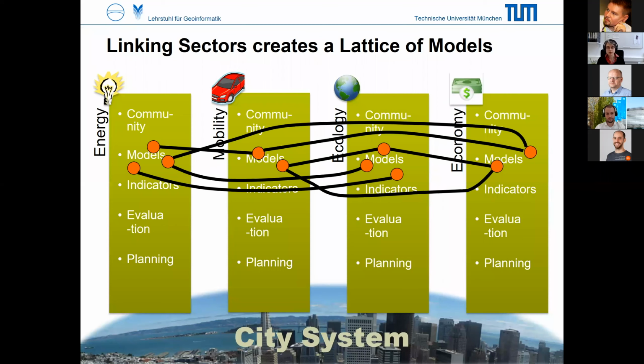To really understand the city system and all the interactions, it's necessary to link all the models with each other so that you get a lattice of models, which however is difficult to manage.